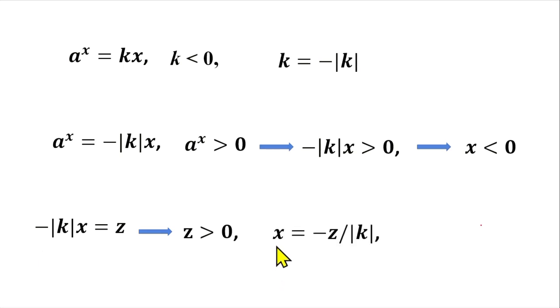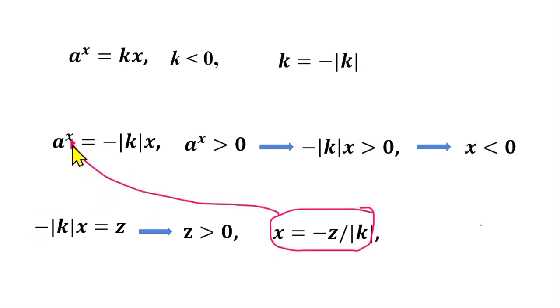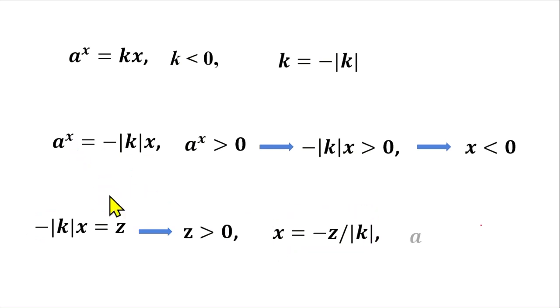Next, we can find x from here, and we can replace the right-hand side of our equation with z, and then plug in x to the left-hand side. As a result, we will have an equation for z in this form.